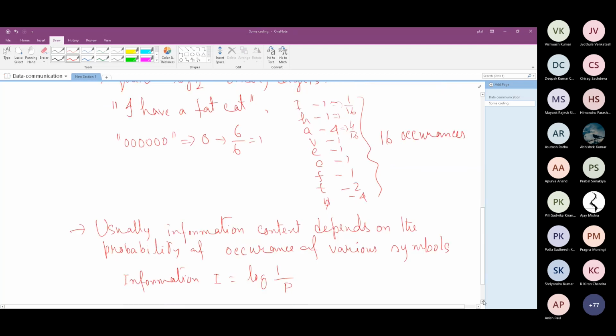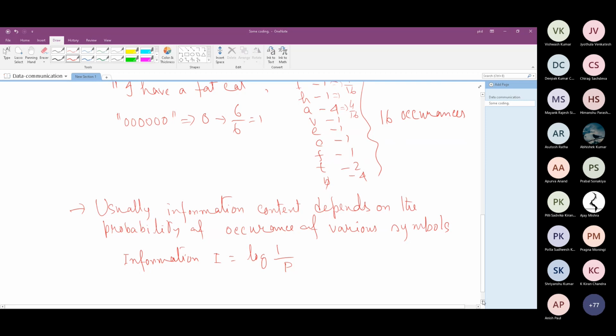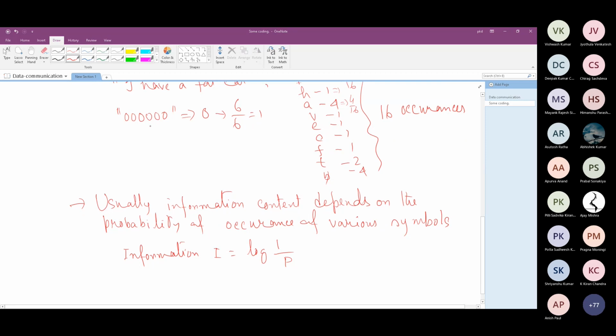There is no innovation here. So no information is added by the next event, because the next event is same. We will discuss a little bit of this, where P is the probability.